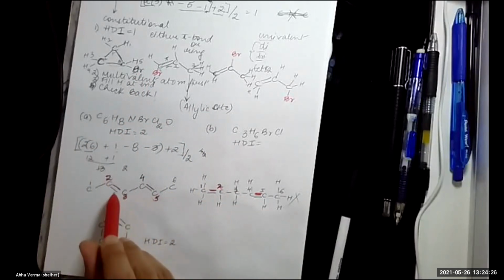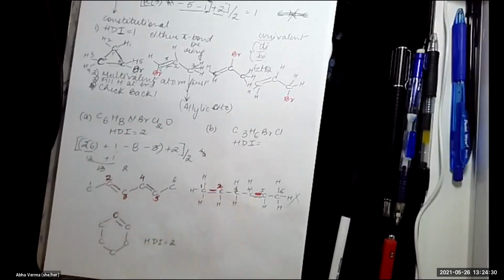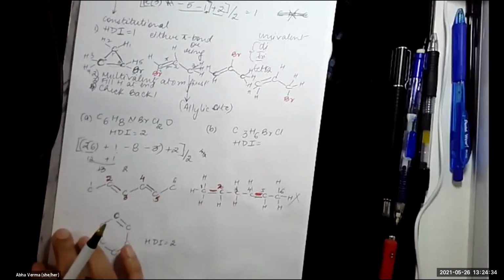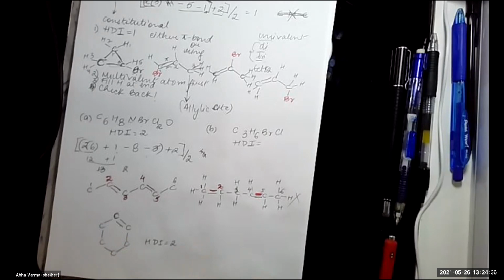So the location of pi bonds can also help you create more constitutional isomers. Do you see that, Ayana? Yes, it makes more sense now.